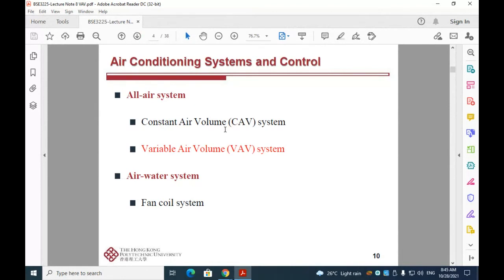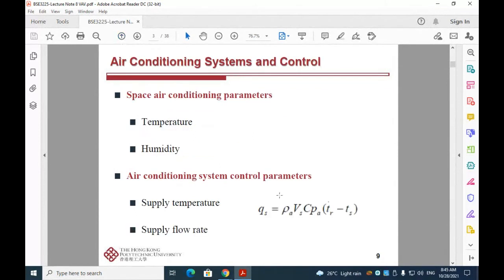According to that, we did discuss the constant air volume system, or CAV system, in lecture number 7, and we also discussed the fan coil system. A CAV system is one category of all air system, and for a CAV system, the supply flow rate is maintained the same throughout the air handling unit.